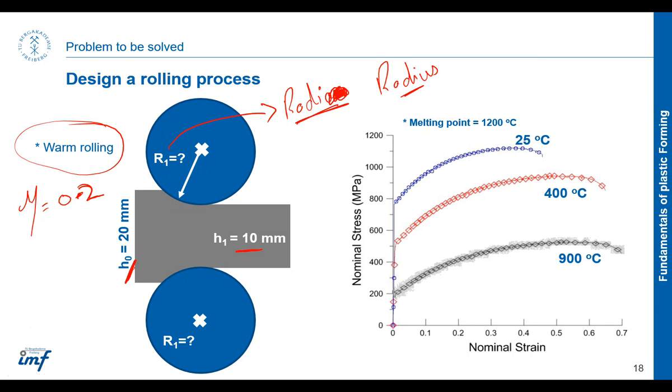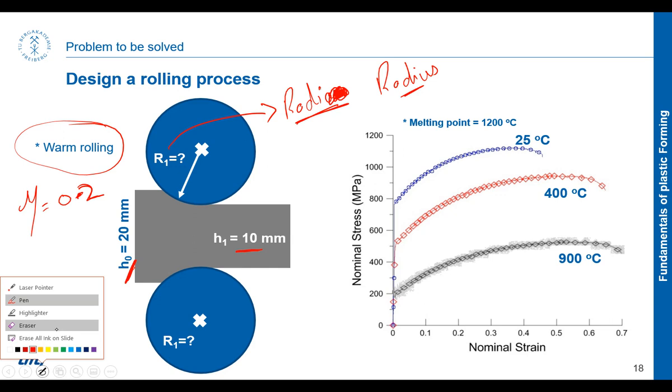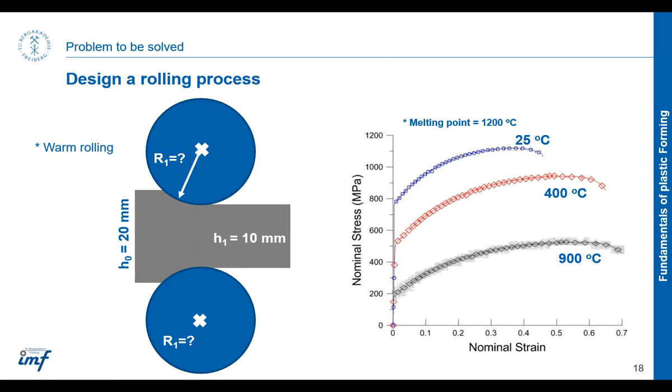To do this, there is a very simple formula. So what we do is initially we calculate the difference between the heights to calculate delta H, which will be H0 minus H1.